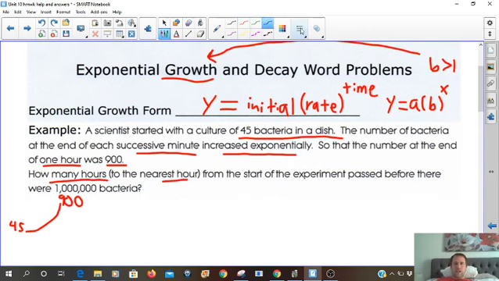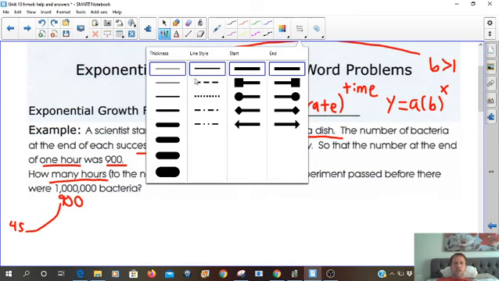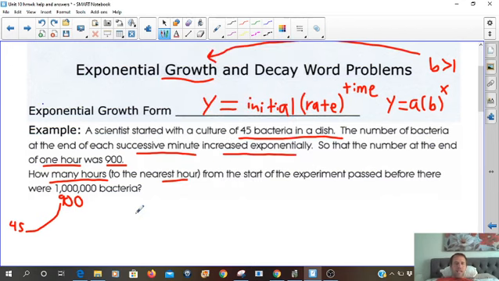1 million bacteria. Okay, so then how we want to treat this problem is we want to start off with our initial and kind of just plug it into our formula. So we're going to go y is equal to, our initial bacteria is 45. We don't know what the rate is just yet, so we'll just call it b.